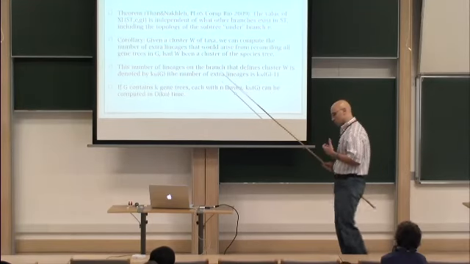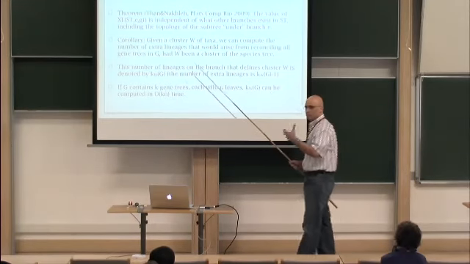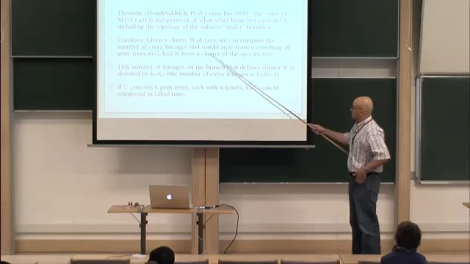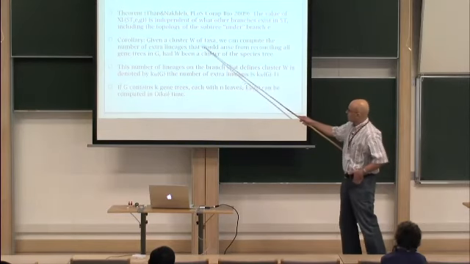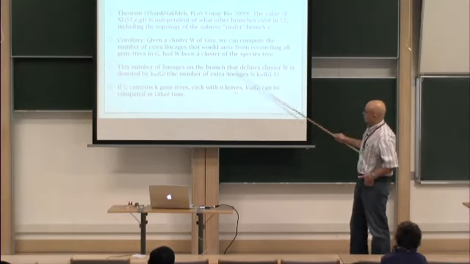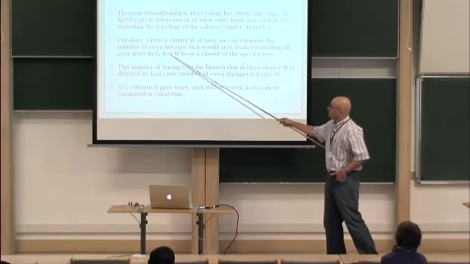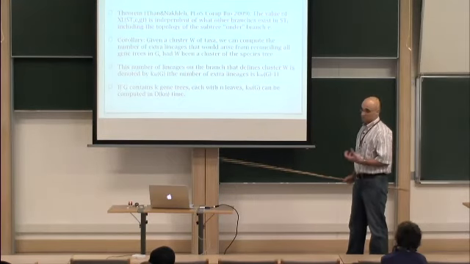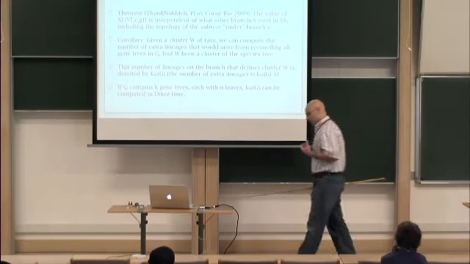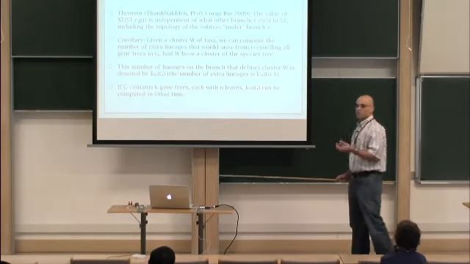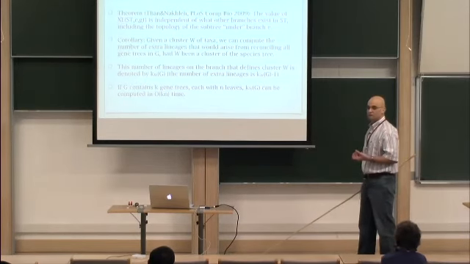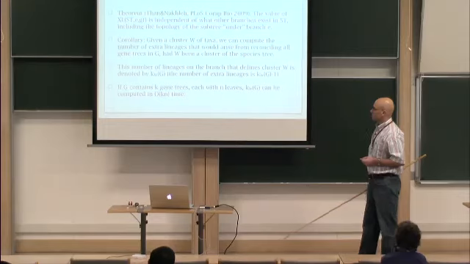I want to check: is this cluster W going to be in the species tree? Given a cluster W of taxa, we can compute the number of extra lineages that would arise from reconciling all gene trees in G, had W been a cluster of the species tree. So for every possible cluster, we can score the number of extra lineages that will arise if we put that W in the species tree.